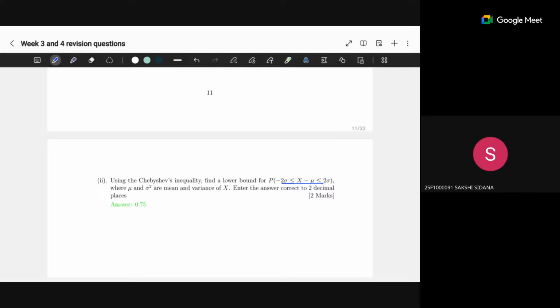So how did you guys solve this question? Take k equal to 2 and then find the lower bound 1 minus 1 by k square. How did you find out k? I can write this as the lower bound formula: mu minus 2 sigma and mu plus 2 sigma.